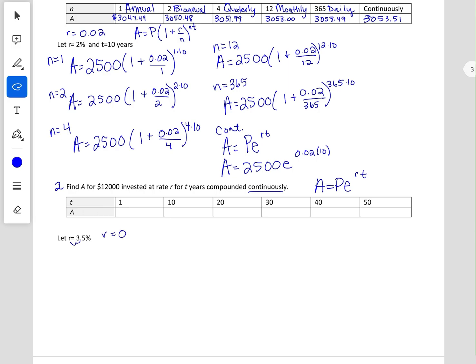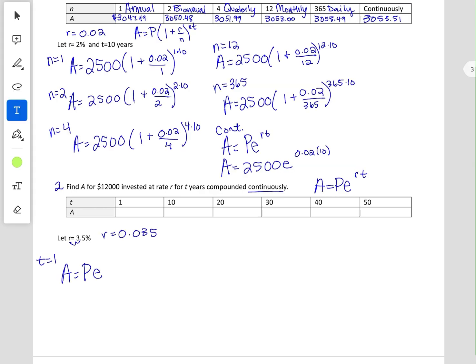So our rate is 0.035. And we are doing it for T years, and we are compounding it continuously. So let's do when T is 1 year. We're looking at after 1 year, what happens? So T equals 1.